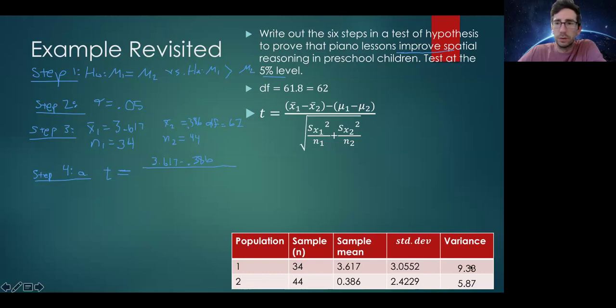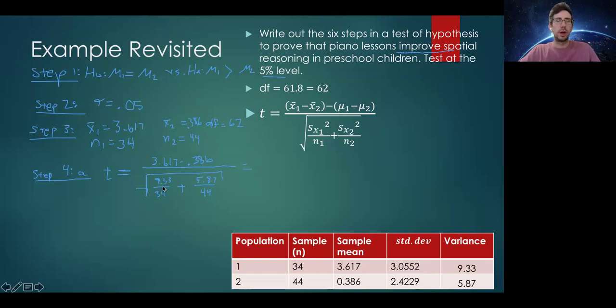The variance from our first group was 9.33, divided by our first sample size, 34. We add that to the variance from our second group, divided by the second sample size. And we have to take the square root of this.